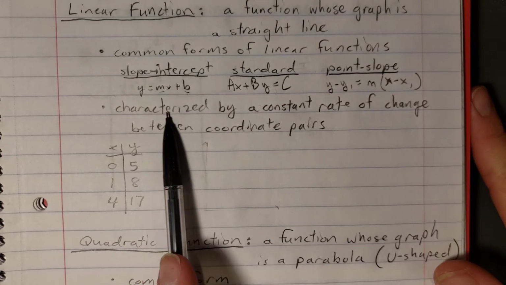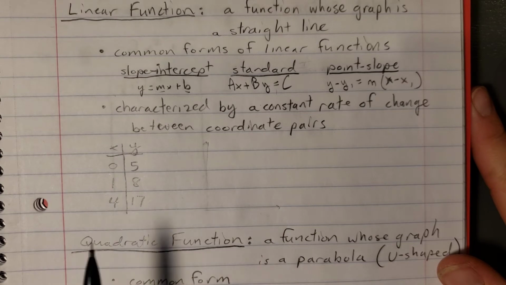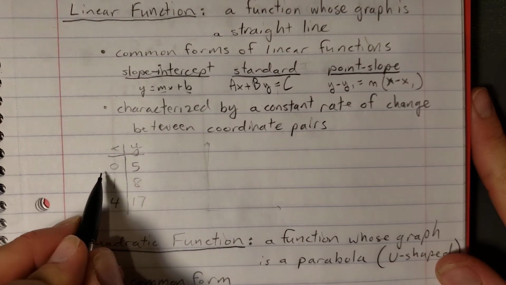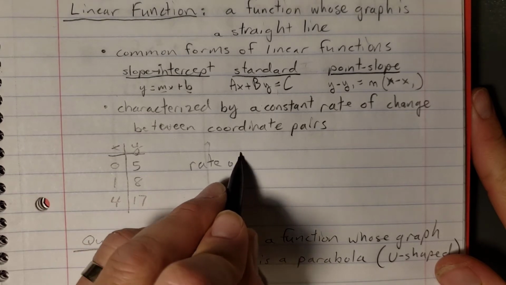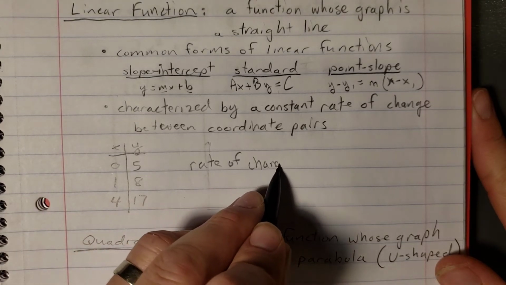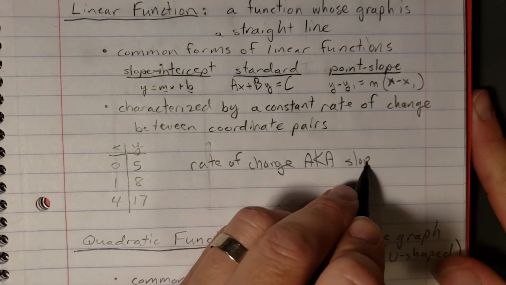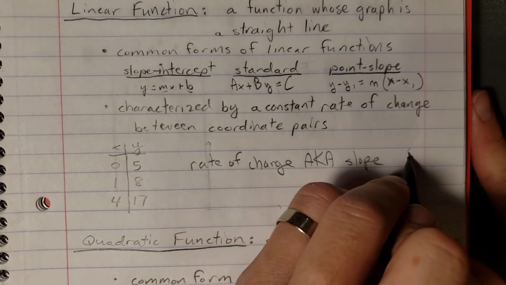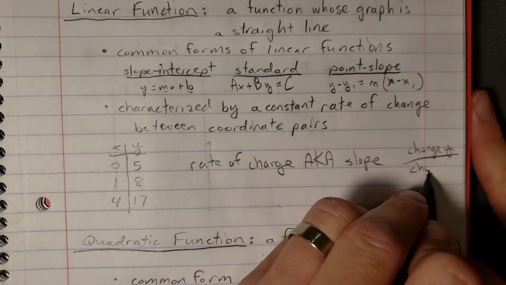Linear functions are characterized by a constant rate of change between coordinate pairs. Here we can see the rate of change, remember rate of change, aka slope, is the change in y over the change in x.